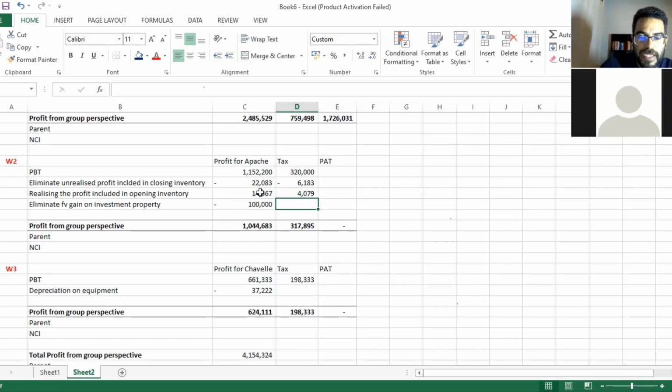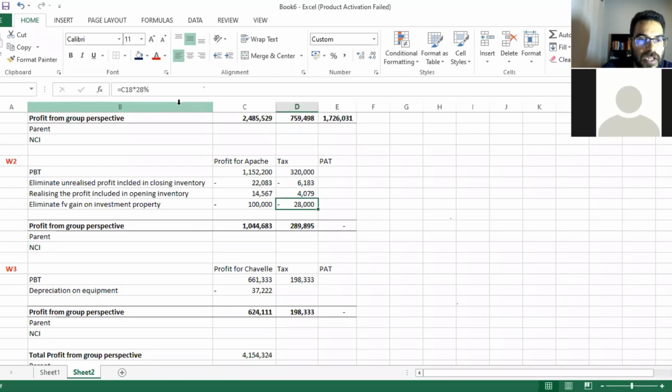Now, let's deal with this one. So we are eliminating the fair value gain. By eliminating the fair value gain, profits go down. So we expect tax to go down. So we're going to say that multiplied by 28%. But this is investment property. When there's a revaluation above cost price, that means we're now trading into the waters of CGT.